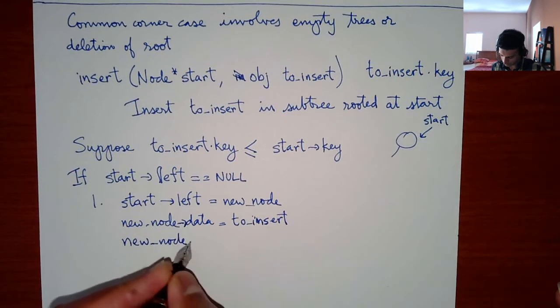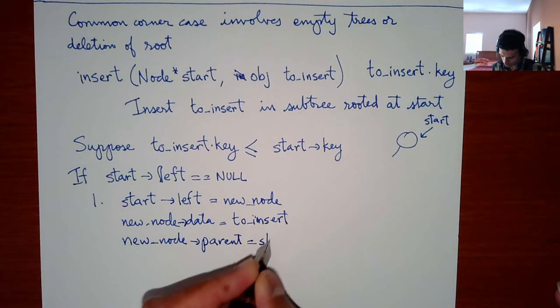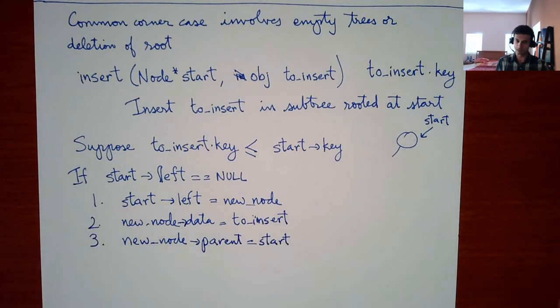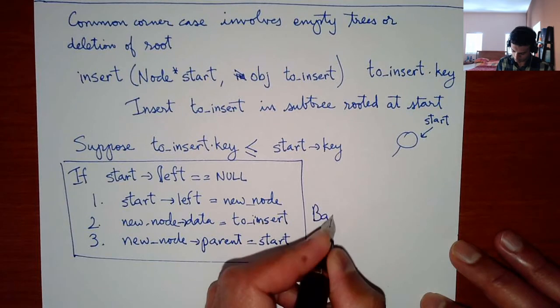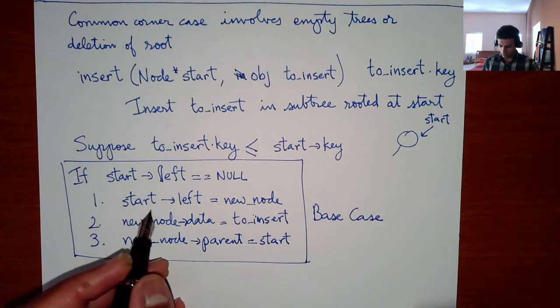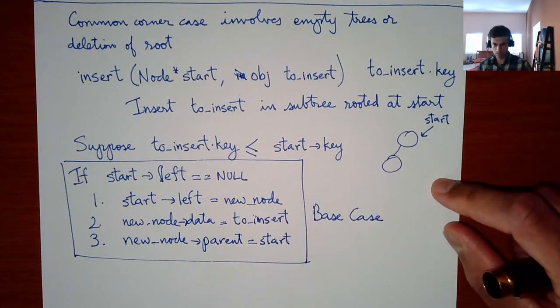And then we make the parent of this be start. Right? So there are basically 3 lines of code. And this is the base case. Right, so if this was null, we'll go ahead and create a node over there.